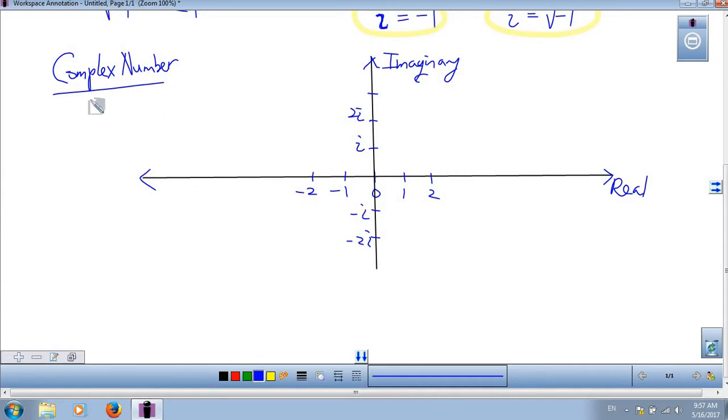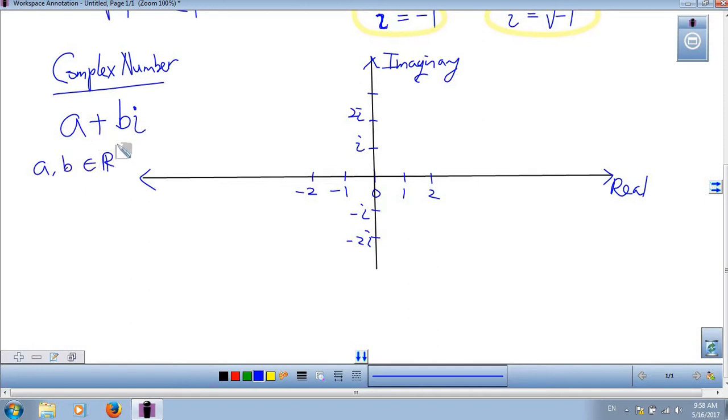So what we're going to be talking about is the complex number. A complex number has two parts, the imaginary part and the real number part. We use a plus bi to represent a complex number, where a and b belong to the set of real numbers.